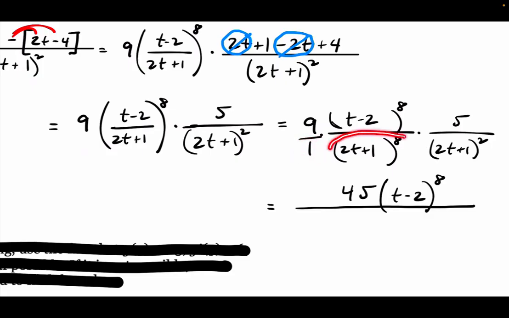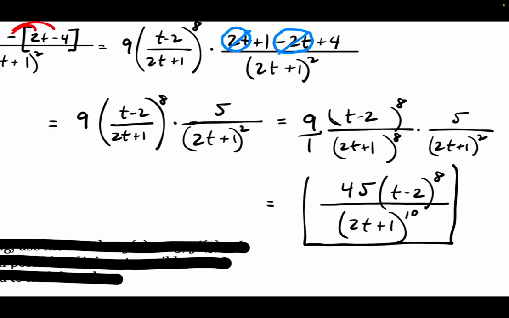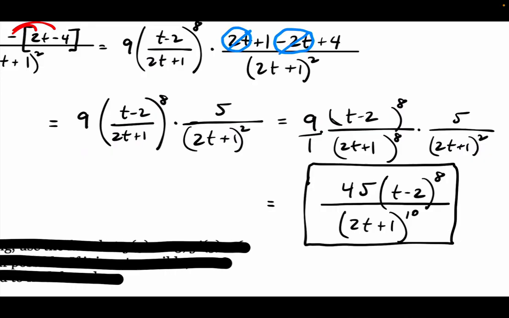And then I have these two guys. What do you notice about these two guys? They're the same base, right? What do I do with their exponents if they have the same base? Add them together. So we get 10th power. And there you go. That's as far as you go.